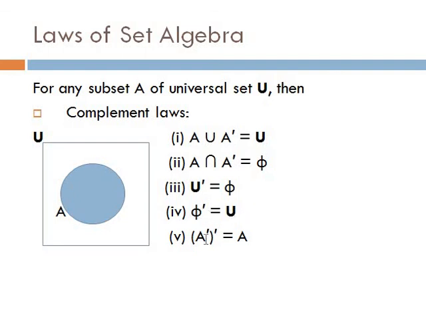Now the complement of A complement is always equal to A, because the complement of A is the outside portion of A, and the complement of the outside portion of A is the inside of A. So these are the complement laws.